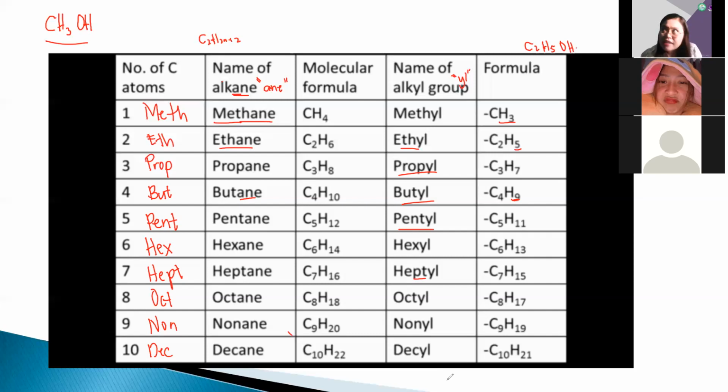You have to memorize that kasi itong mga prefix na ito are also applicable to other functional groups. Ito pa rin yung ginagamit natin for alkenes, alkynes, and even the alcohol. Mag-iiba lang yung ending ng kanilang name, pero the prefixes are the same. So, any questions so far?